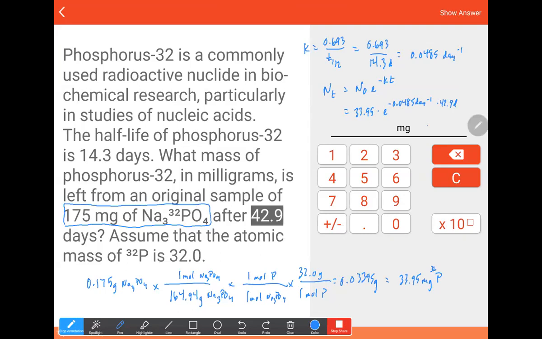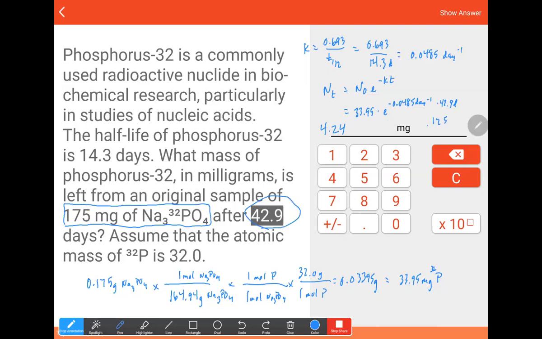You get 0.125 times 33.95, so 4.24. And it's pretty much exactly 3 half-lives, so I could have probably estimated my way through it. May not be the case for you if that 42.9 is different.